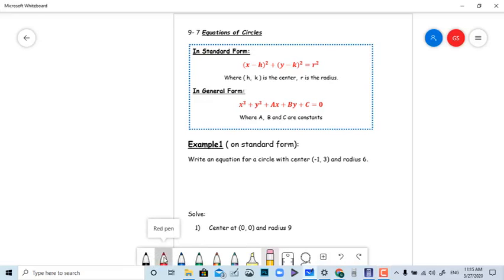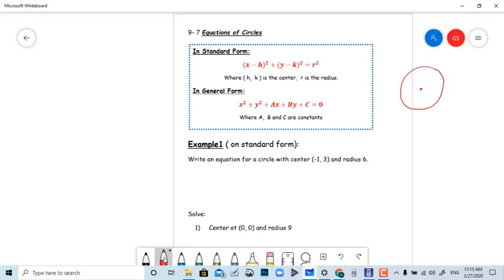Now, we're going to talk about what h and k are. First, if we have a circle, the circle has a midpoint. This midpoint is called the center point of the circle, as you know from before. It has coordinates x and y.